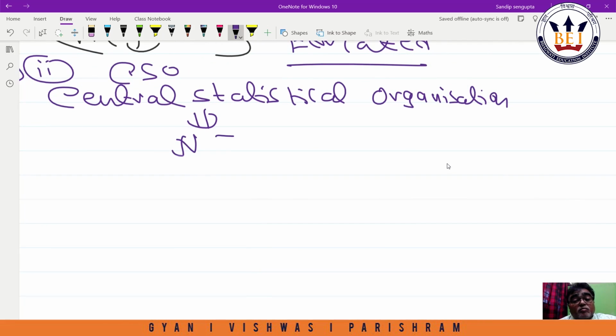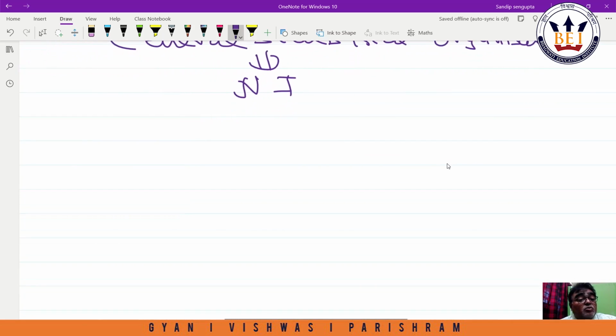Measurement of NI. Acha. Usually NI can be measured in three ways: production method, income method, and expenditure method.